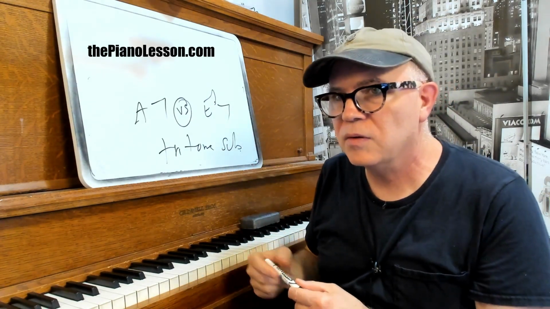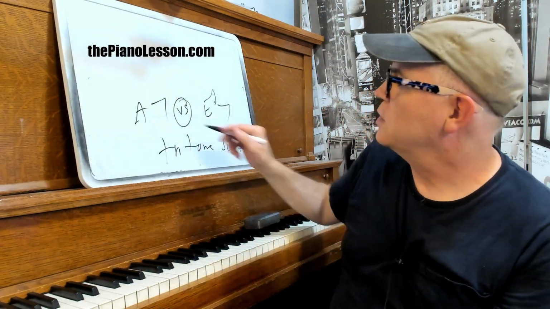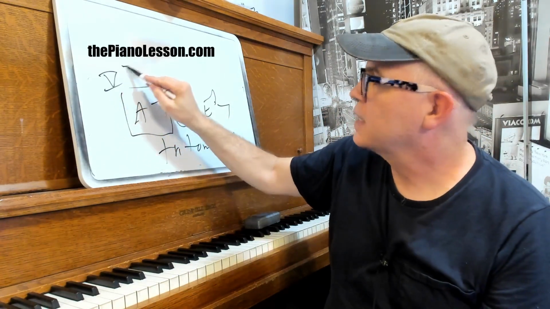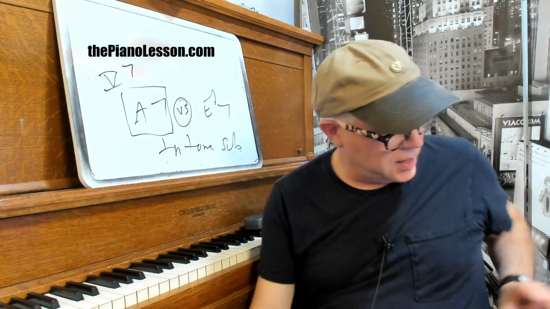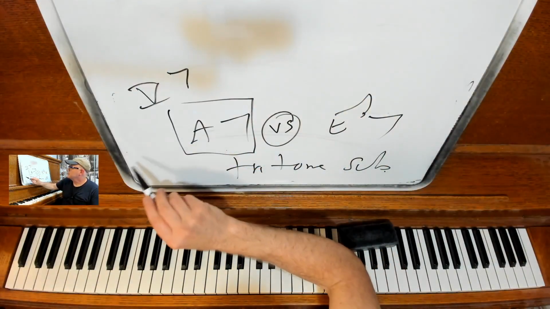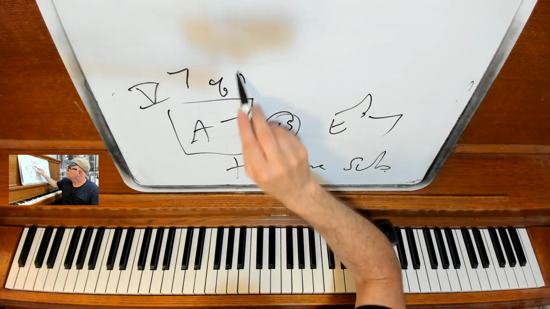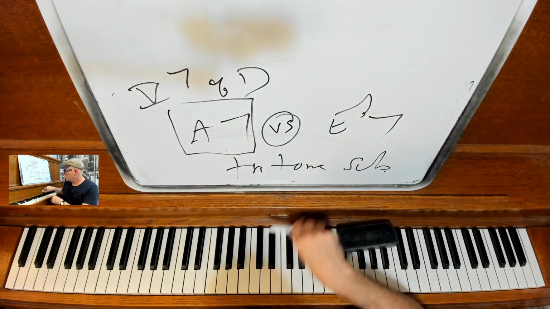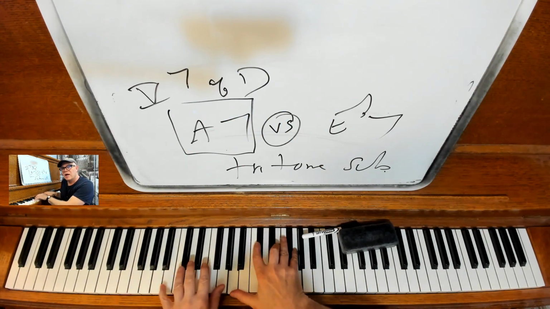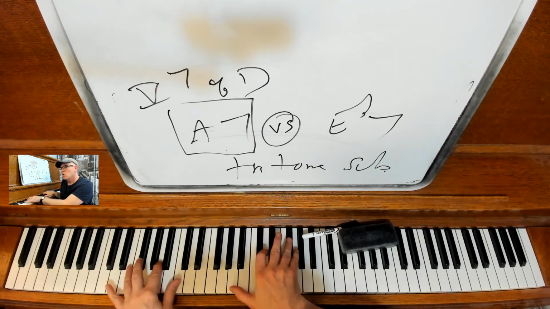So A7 typically would function as a 5-7 in the key of, anyone know out there? D, key of D. This is 5 of D. So 1 4 1 5 1, or you could do 1 4 1.